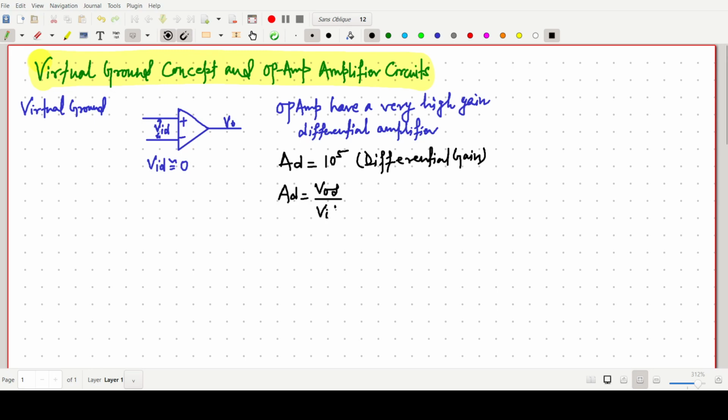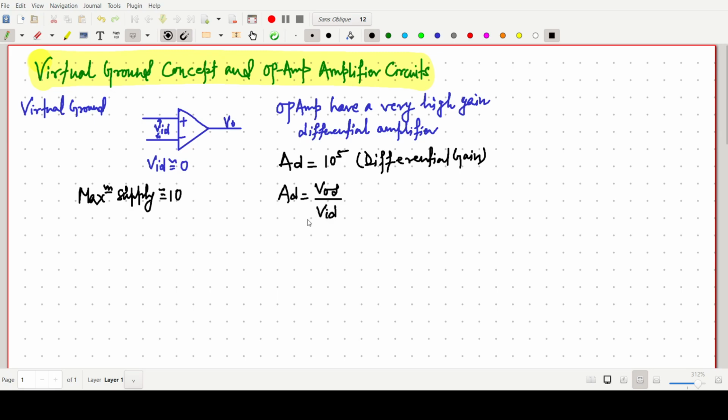Okay, say Vid. Now for the time being, what I am saying, an op amp has a maximum supply voltage around 10 volt. I will take 15 also, 12 also, but I am taking 10. Okay, so this is output differential by input differential.